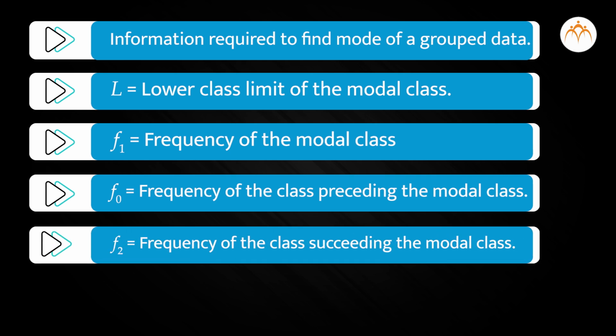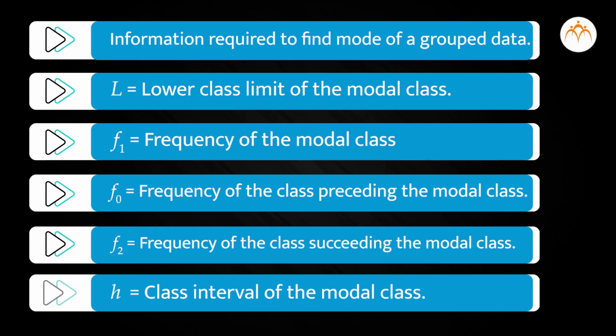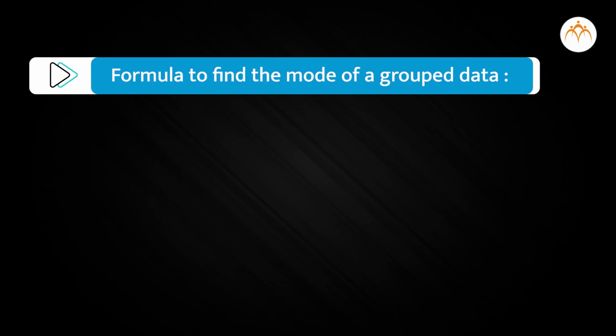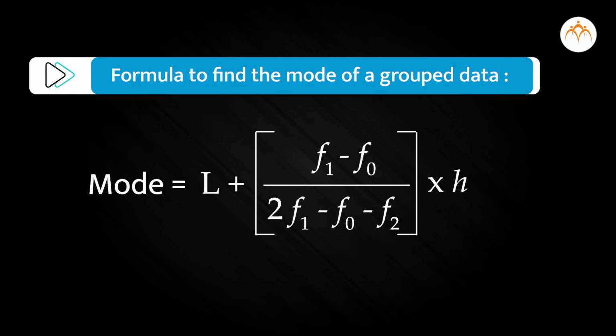F2 is equal to the frequency of the class succeeding the modal class. H is equal to the class width of the modal class. Formula to find the mode of a grouped data: mode is equal to L plus (F1 minus F0) upon (2F1 minus F0 minus F2) into H.